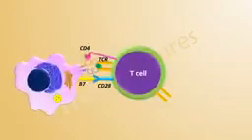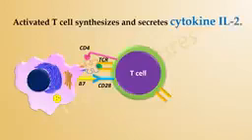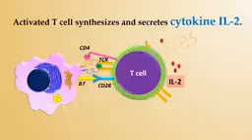These two signals result in the activation of the T cell. As a result, the activated T cell synthesizes and secretes interleukin-2. Interleukin-2 acts as an autocrine cytokine, which means it binds to its specific receptor on the same T cell.